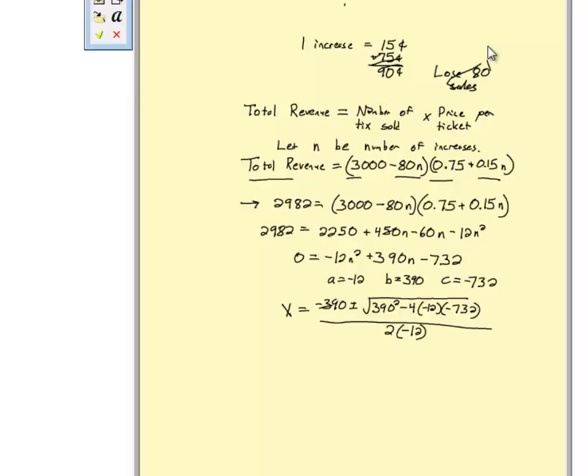And we'll end up with two solutions here. X will be equal to 2 or 30.5.